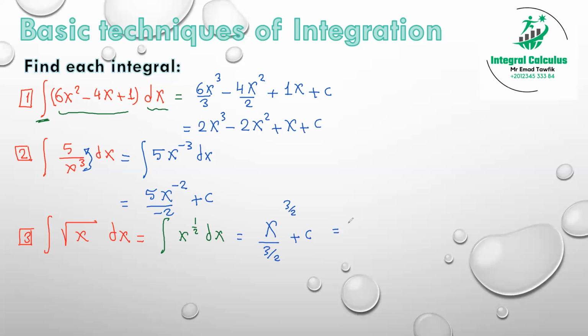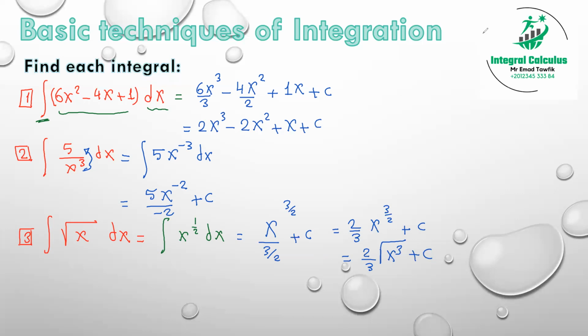In its simplest form, it's 2 over 3 x to the power of 3 over 2, and then plus c. Sometimes in an MCQ question, it can be written as 2/3 x, power 3 below the root, and then plus c, as the square root of x power 3 is x power 3 over 2.